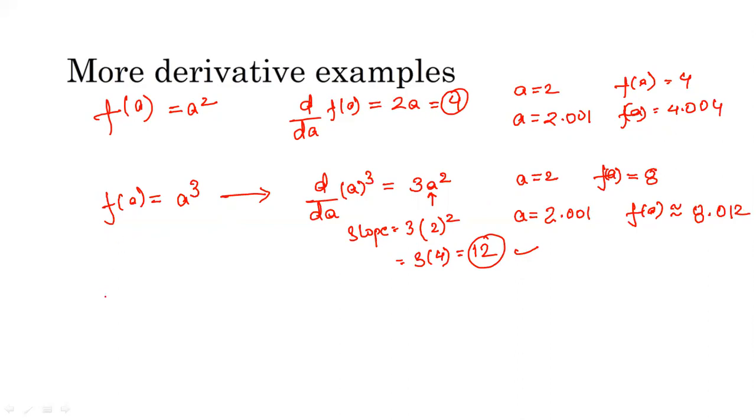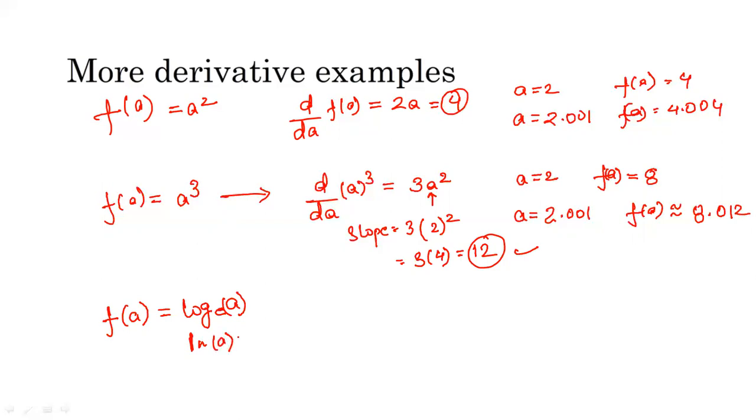Now let us take a somewhat more complicated function than those. So f of a is now log of a to the base e. Here one thing to consider is that we have the base e and not 10. This can also be represented as ln of a.